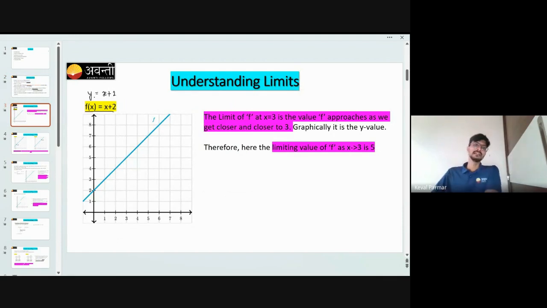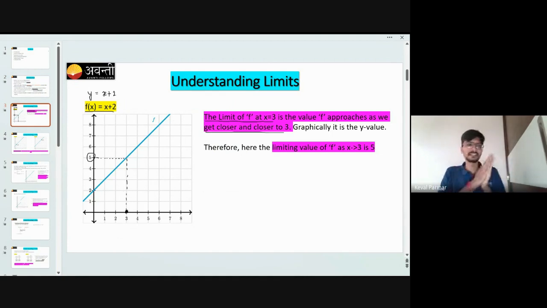Suppose someone asks me for the limit of f, the function, at x equal to 3. At x equal to 3, this is the point, the value f approaches as we get closer and closer to 3. If I map this on the graph, the value which the function takes at x equals 3 is 5.